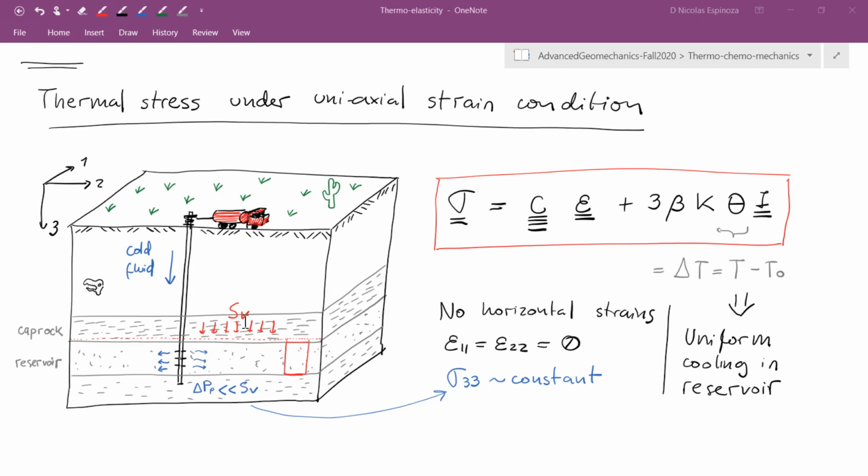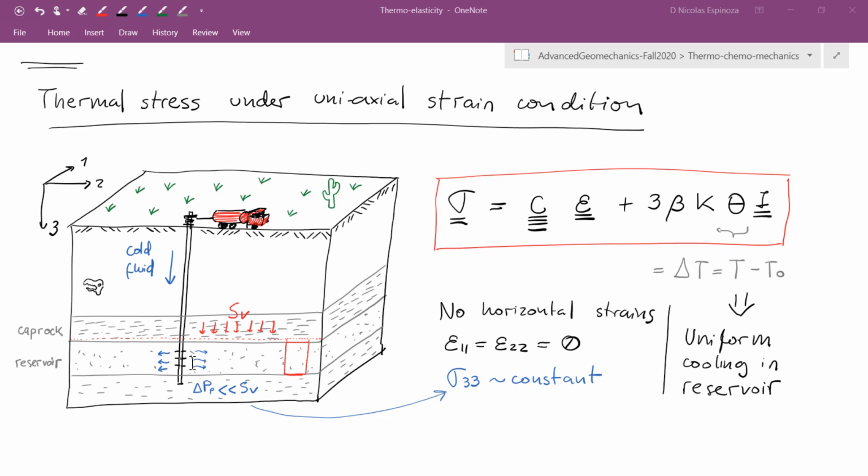And for the uniaxial strain condition, also we assume that there is no change of horizontal strain anywhere. And that's also similar to assuming that the cooling in all these reservoir layers is going to be uniform.